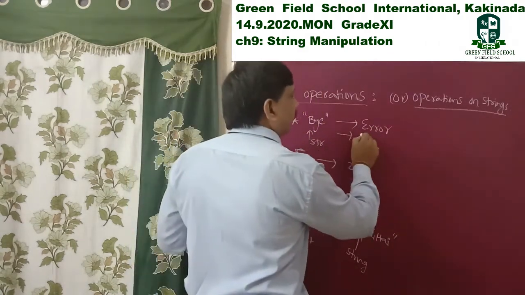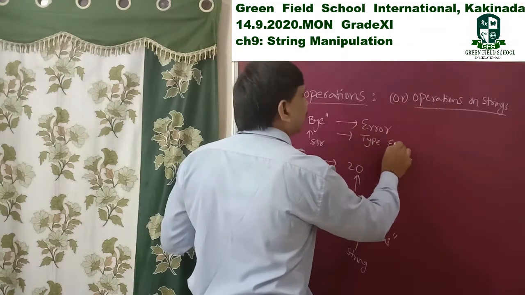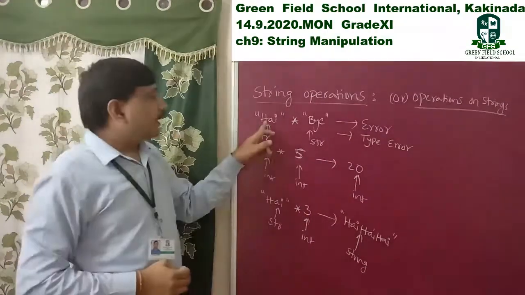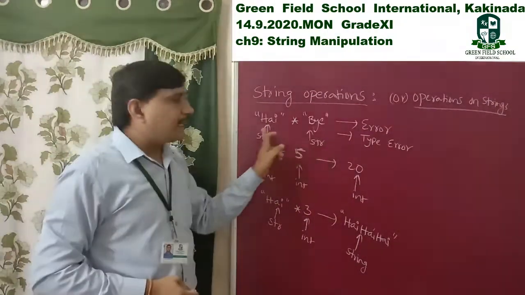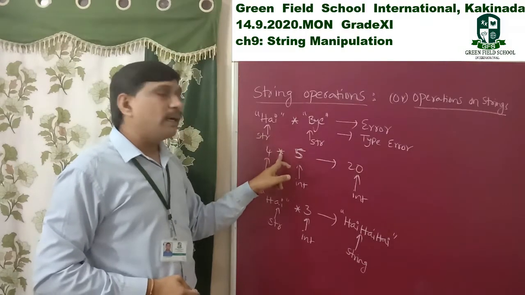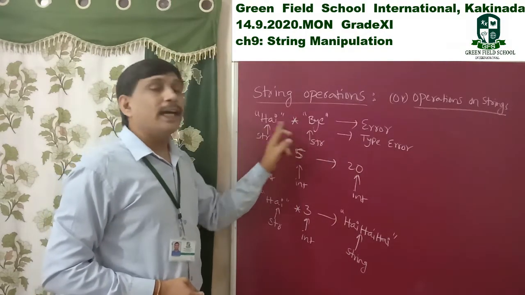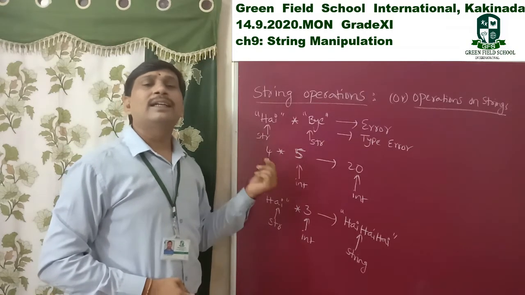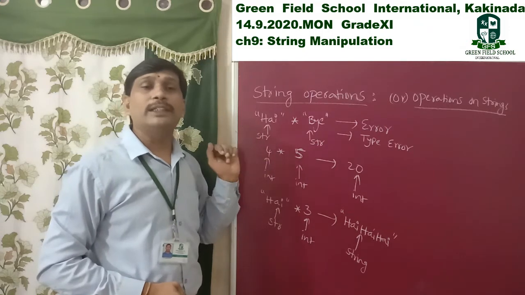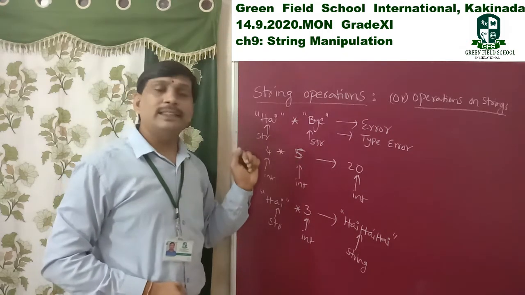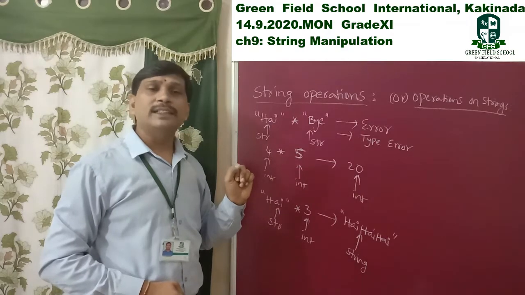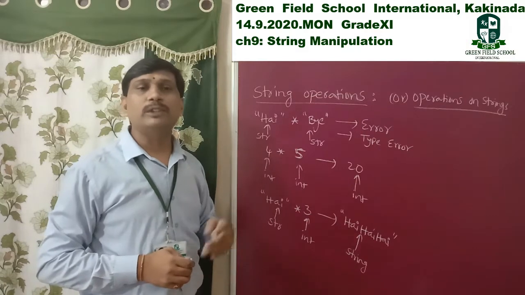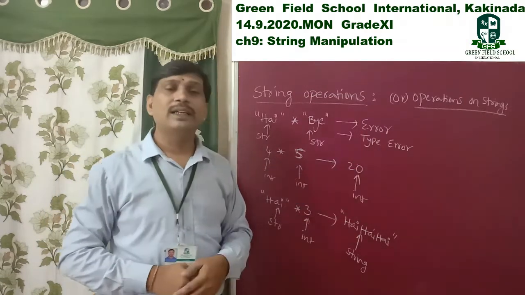It displays a type error, meaning a data type error. If both are integers, it applies multiplication. If both are strings, we cannot apply multiplication or replication. For replication, one input must be a string and one an integer. But we wrote both as strings, and that creates a data type mismatch. That's why it displays a type error message.